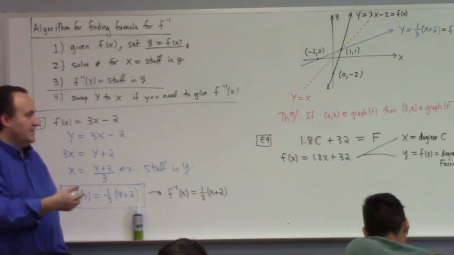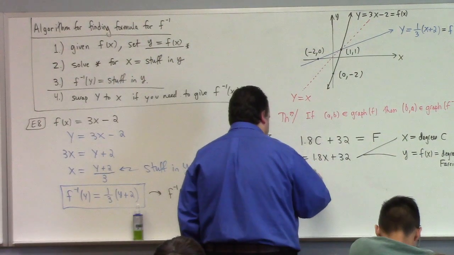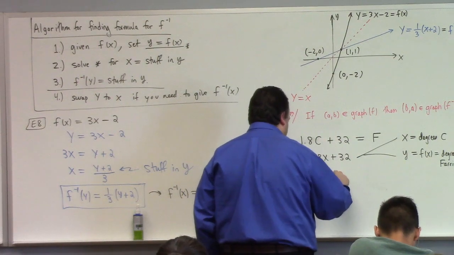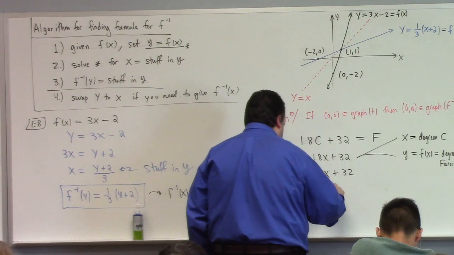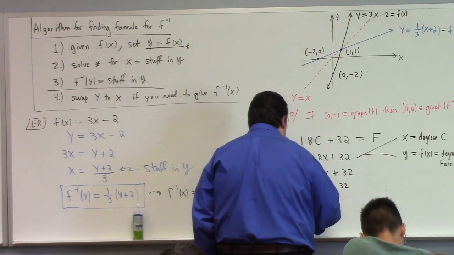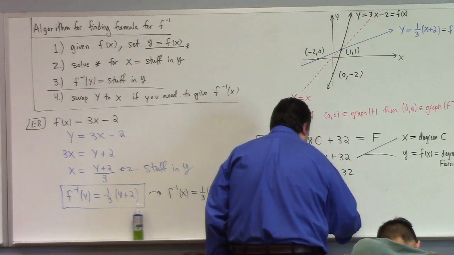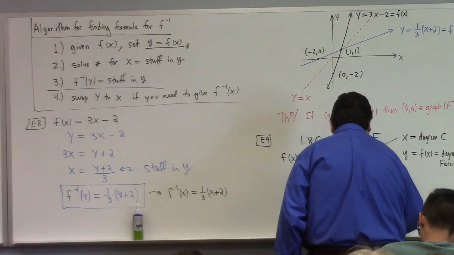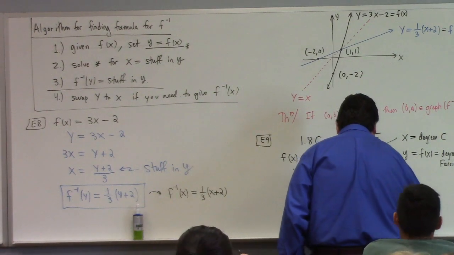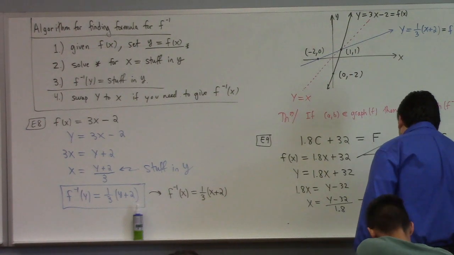So if we calculate the inverse function here, we get 1.8x is equal to y minus 32. Divide by 1.8, and so there you go. f inverse of y is equal to (y minus 32) over 1.8.